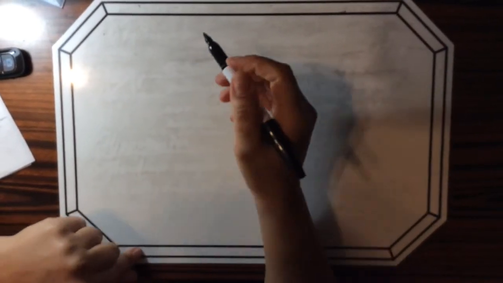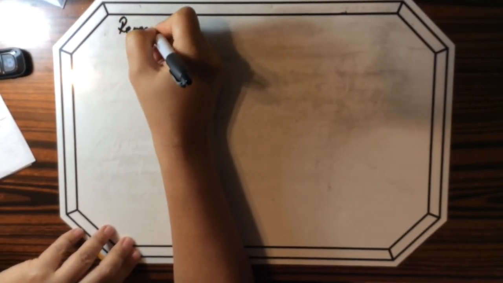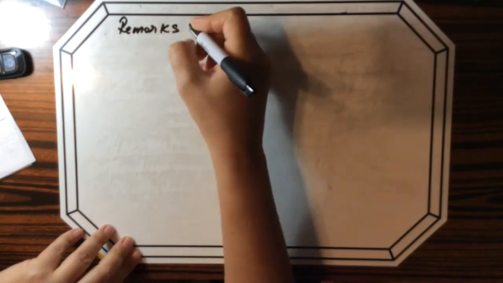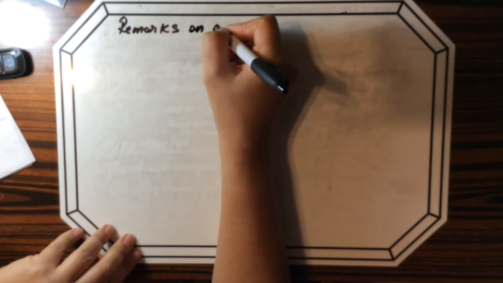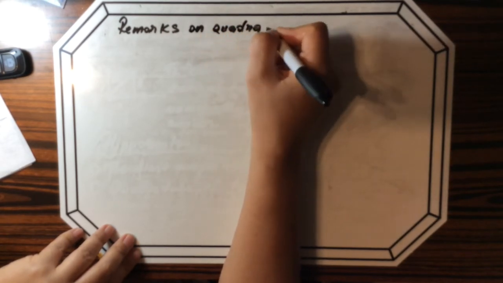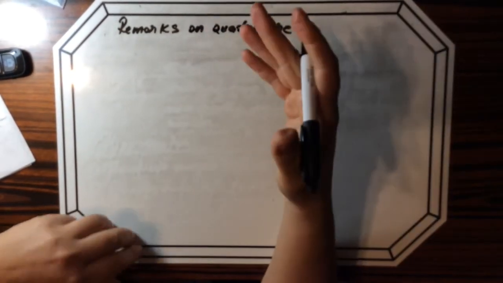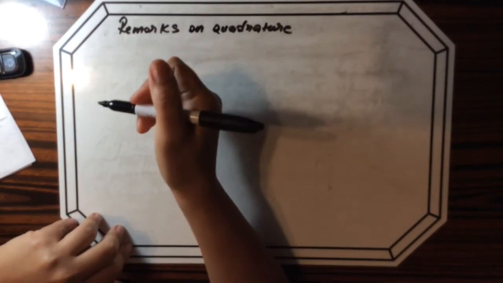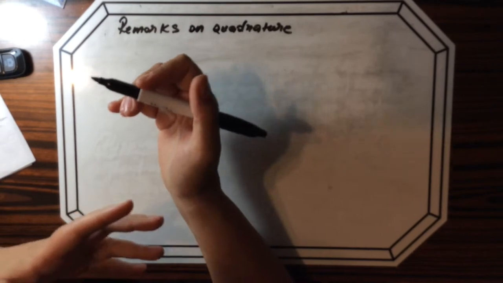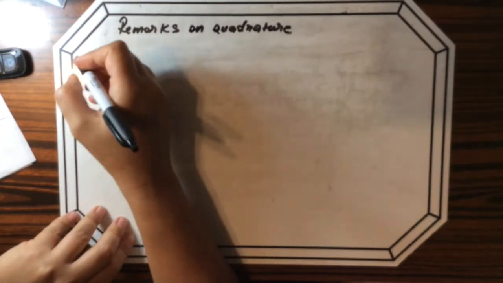So, remarks on quadrature. The quadrature actually means the squaring of some geometrical two-dimensional shape. What does that mean? Let me write it here.